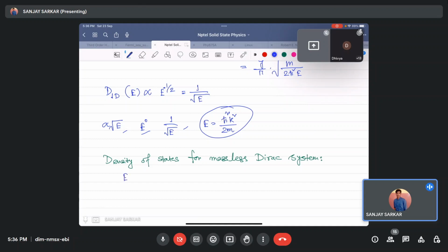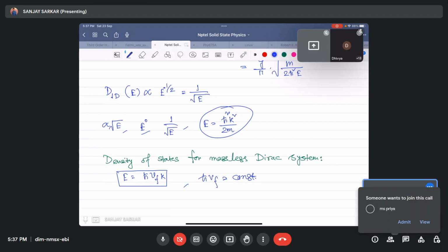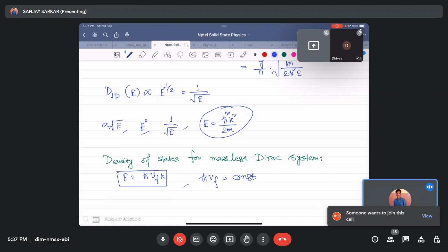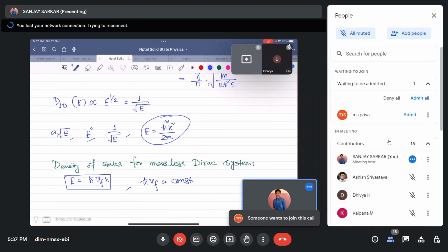In terms of k, it is h bar Vf k. This is the energy dispersion for a massless Dirac system. So h bar and Vf are constants, and do not depend on energy. Consider this as equation number 2. Using this dispersion relation, can you shortly calculate the expression for density of states in 1D, 2D and 3D? Everything will be the same.